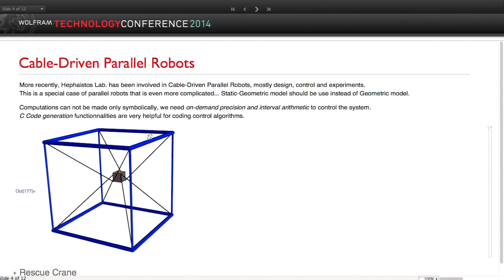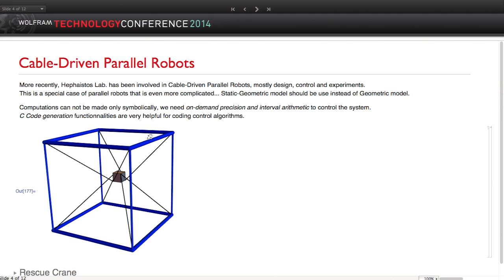And the second reason why it's much more difficult to compute is that you cannot use just the geometrical or kinematical model. You need to take into account the force exerted inside the cable, because you need to know when a cable is no longer straight.